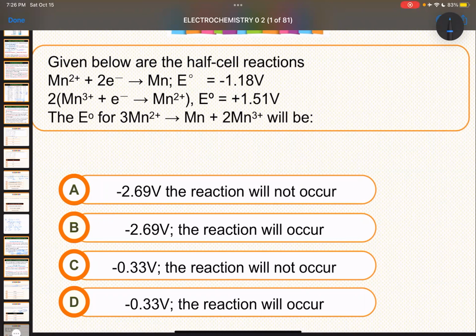So what's going to be the standard electrode potential for the cell reaction which is given below?